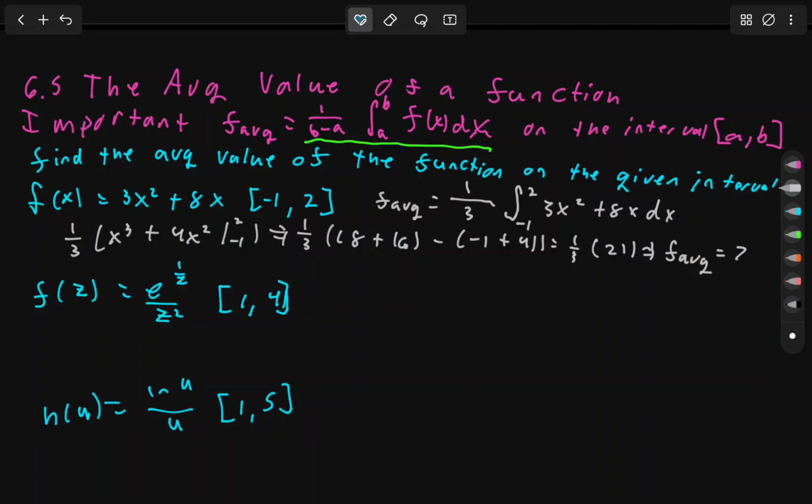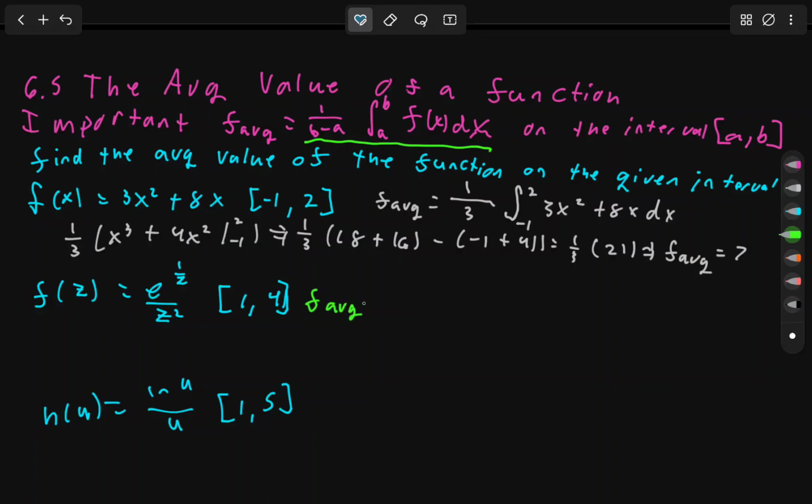For this next interval, we have to start by using some u substitution to find the antiderivative. But we're still going to set this up first. Let's use green, why not?